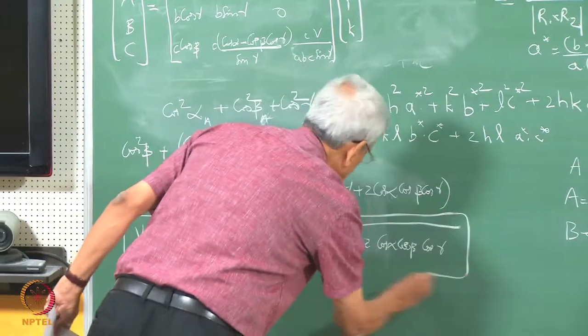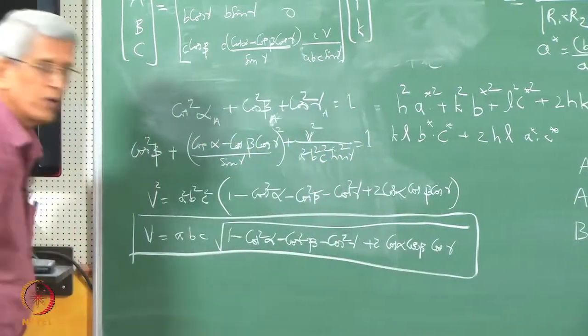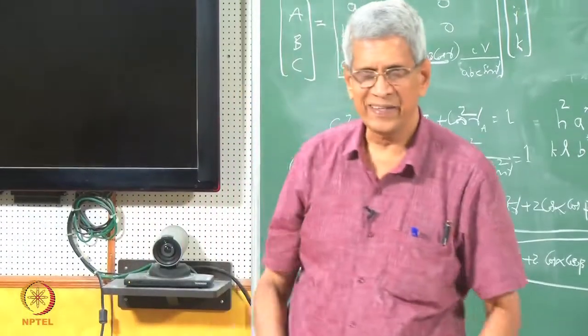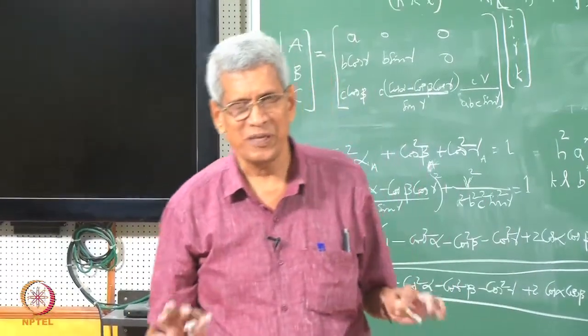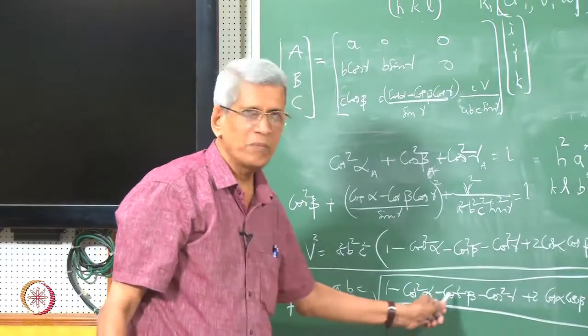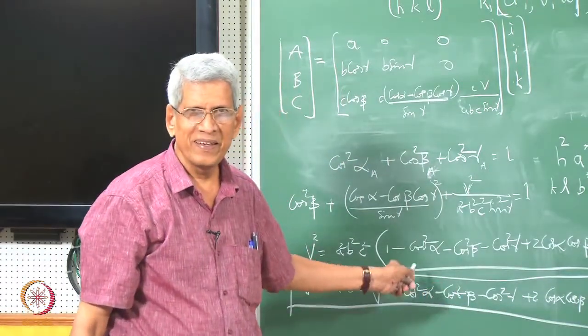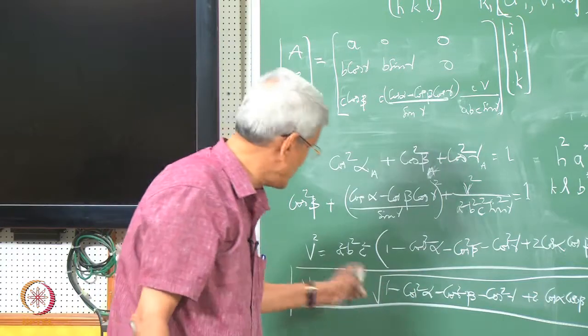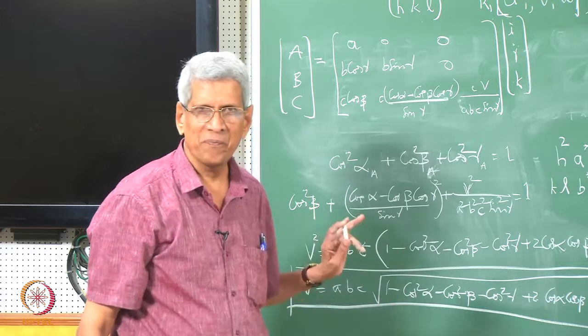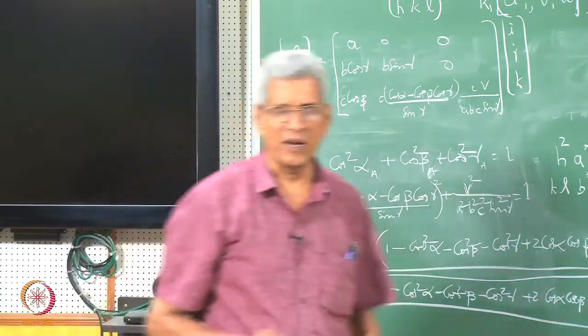This is essentially how the volume of a triclinic structure, where there is no symmetry and none of the angles are 90 degrees, can be related to the angles between the unit cell vectors and the lattice parameters.